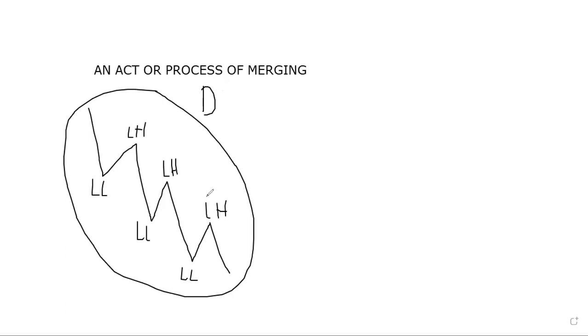Now, moving down to lower time frames, let me just change to a different color here. Now, let's say the market has broken the previous lower low. As the market is moving to the downside, you will get another structure in this area here, right?